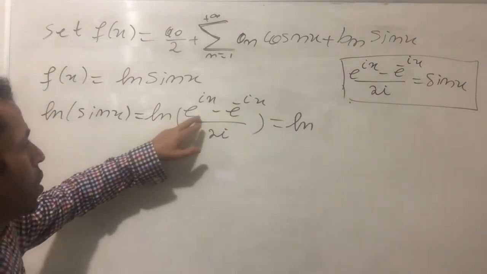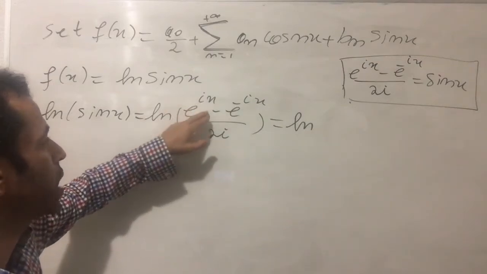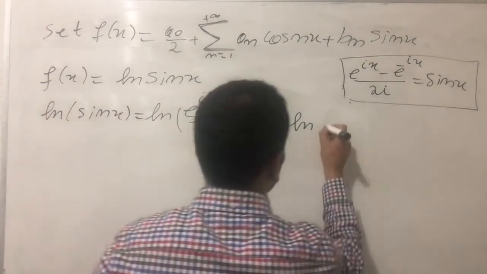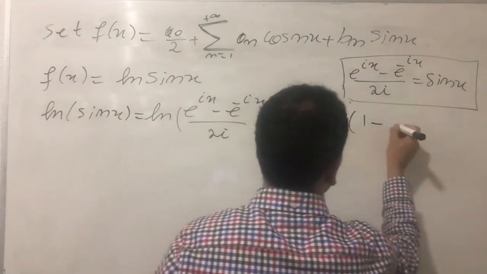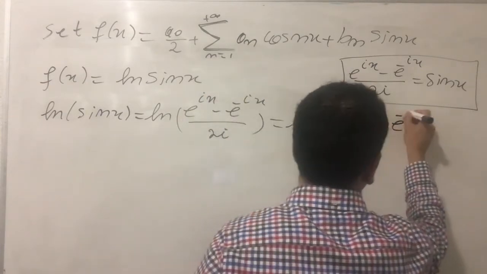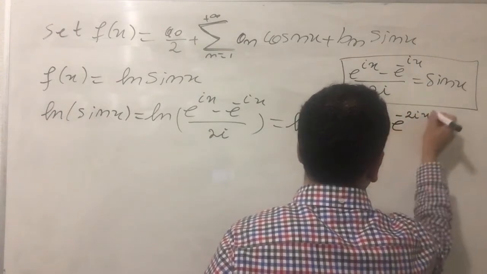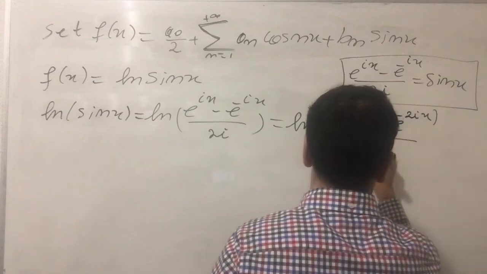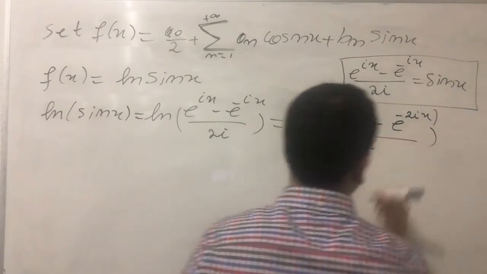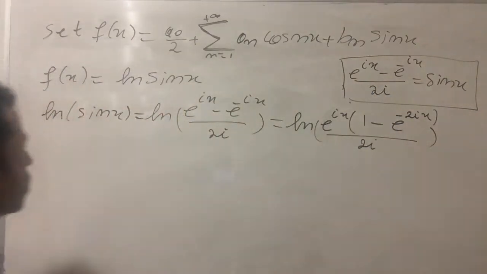What I'm going to do now, I'm going to put e to the ix as a common factor, okay? So I will have e to the ix multiplied by 1 minus e to the minus 2ix, the whole thing over 2i, okay?